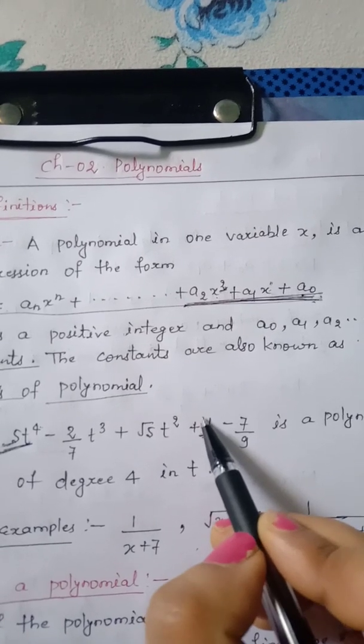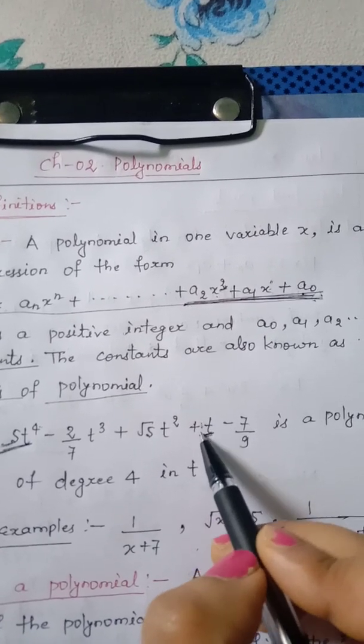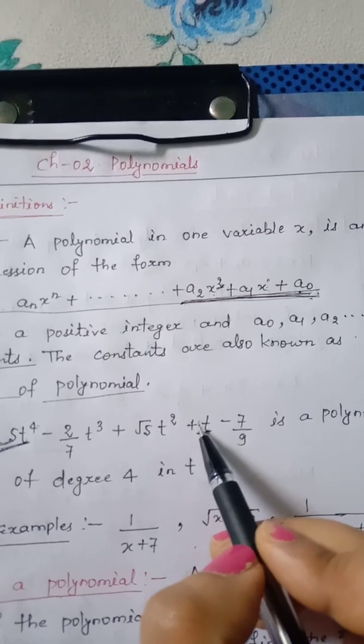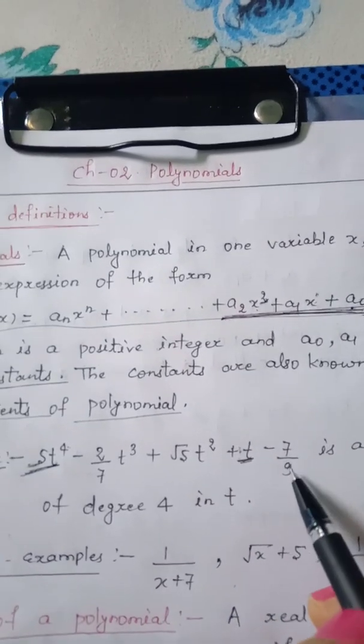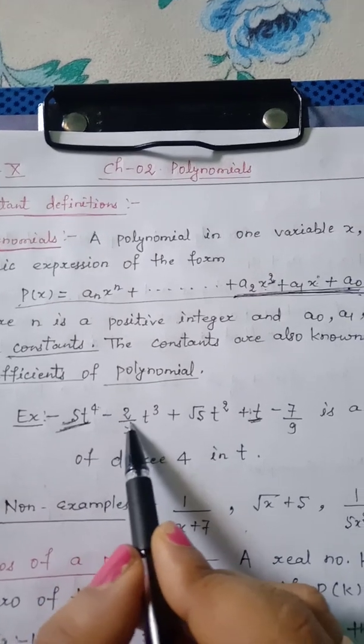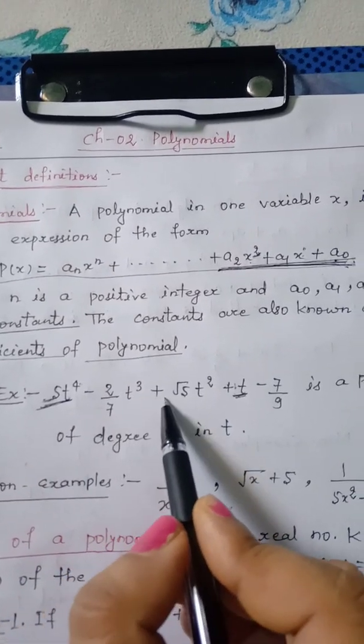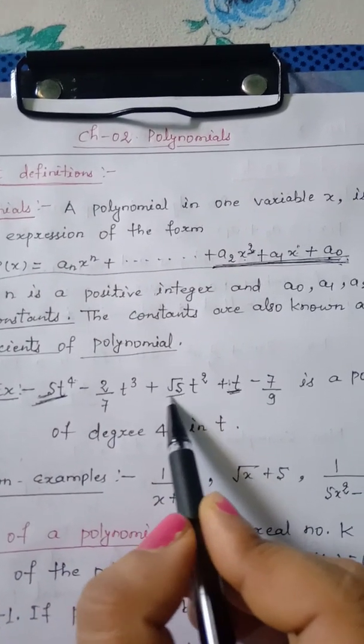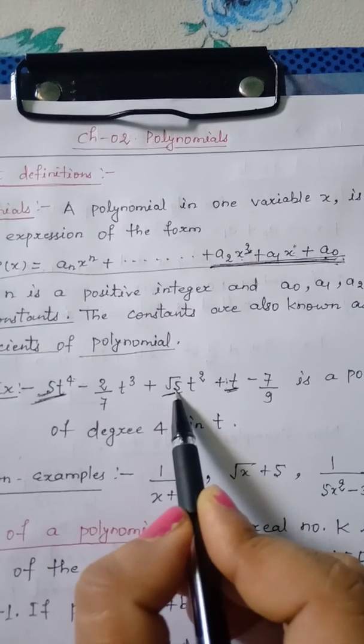In algebra generally we do not write 1. So see the example: 5t to the power 4 minus 2 by 7 t to the power 3 plus root 5, and root 5 is an irrational number.